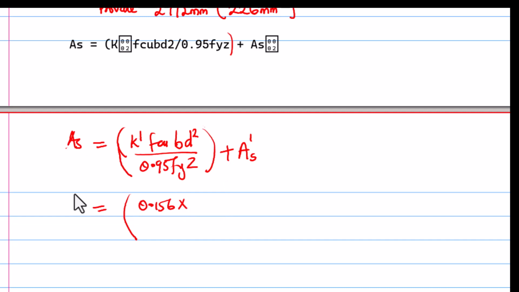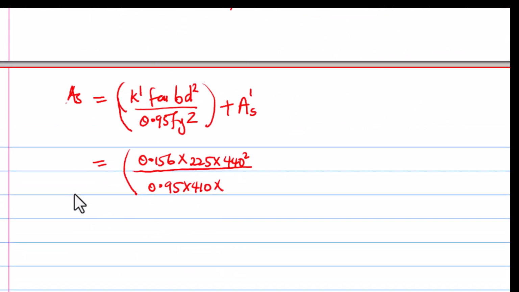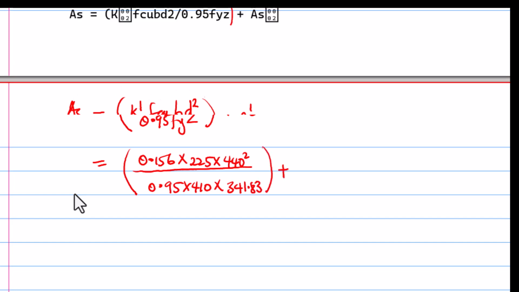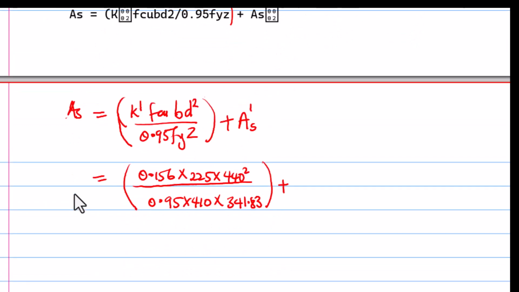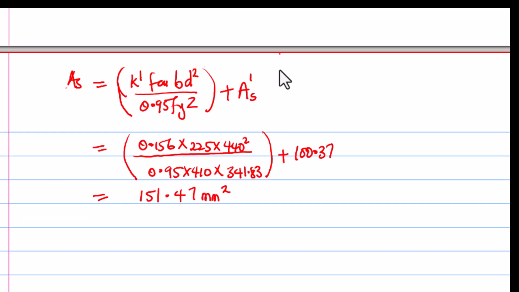Our B is 225 times 440 squared all over 0.95 times 410 times, what is the value of our Z that we got earlier? 341.83, then plus our AS prime, which we got as 100.37. So let's solve this also.